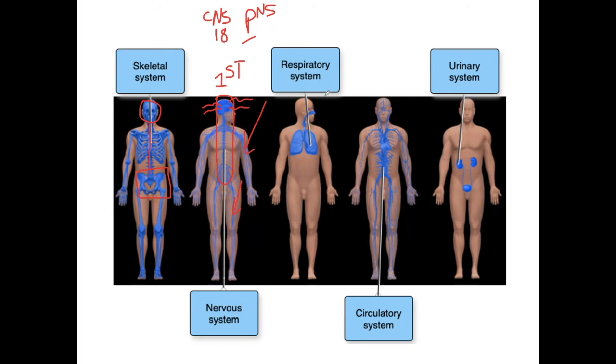When we look at the respiratory system, the main function of the respiratory system is we want to take in oxygen, and then we want to push out carbon dioxide. And the reason why we want to breathe in oxygen is this: when you look at the human cell with a nucleus, you're going to learn of an organelle that's called the mitochondria.